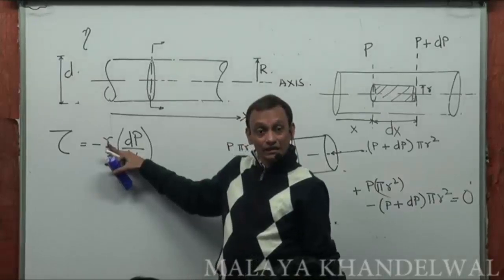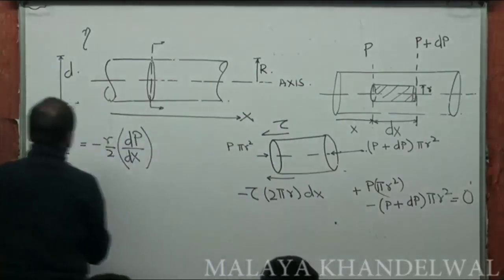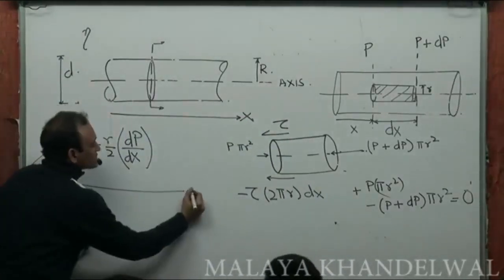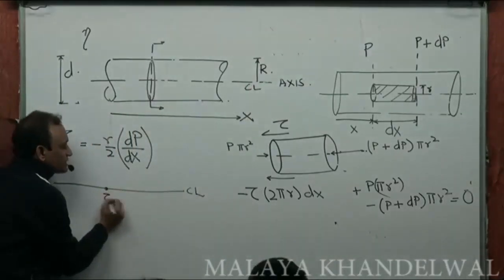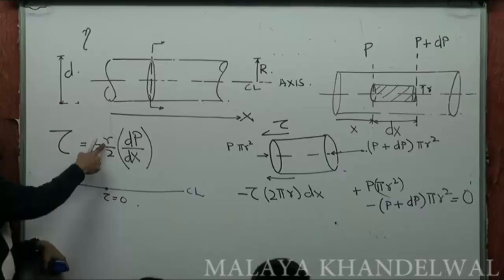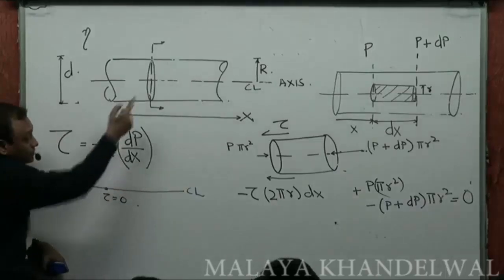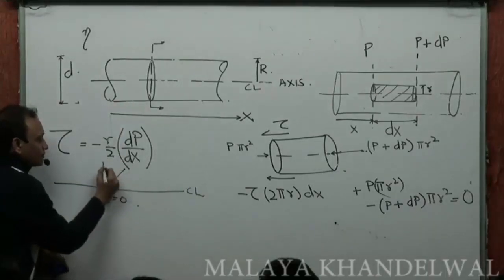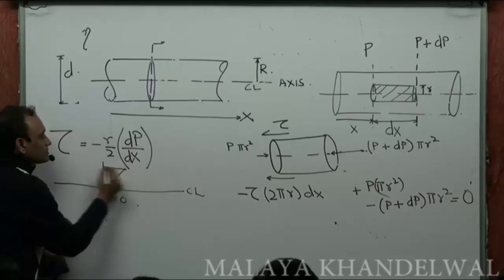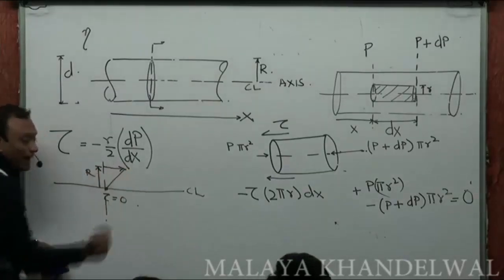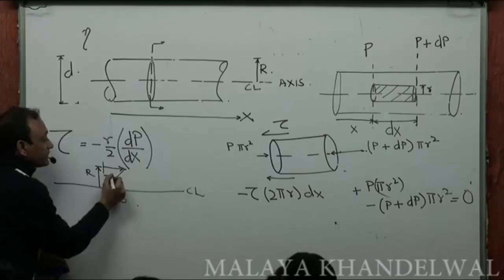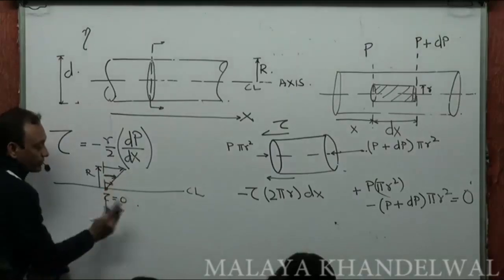Will vary linearly with r, in the sense that along the central line, the shear stress is going to be 0 because small r is 0. And when small r is capital R, shear stress will be maximum, and then it decreases linearly to 0 here, right?